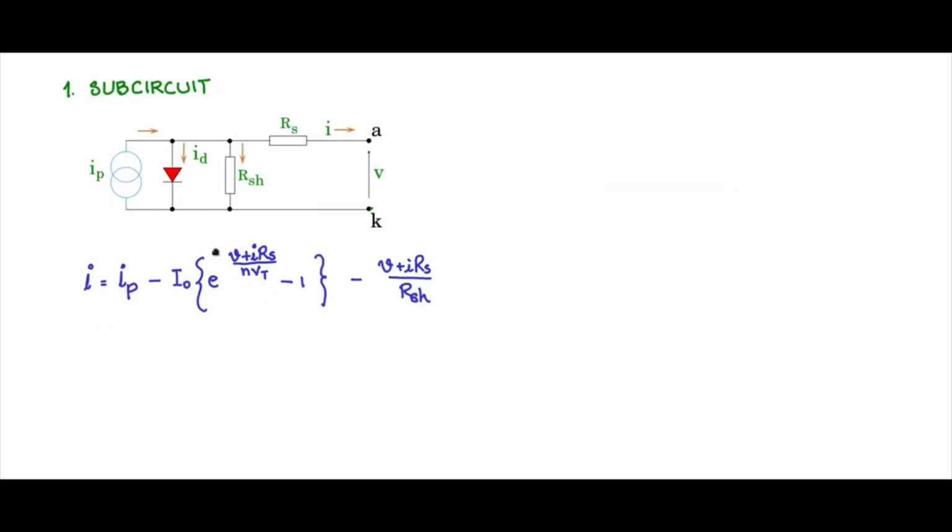Recall that we had discussed this model of the PV cell consists of the current source, the diode, the R shunt and the R series. RS and R shunt are non-idealities. We can dispense with them, and then to make the model simple, we will try to use only what is most essential, the current source and the diode.